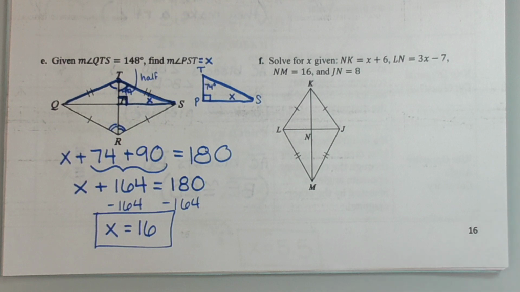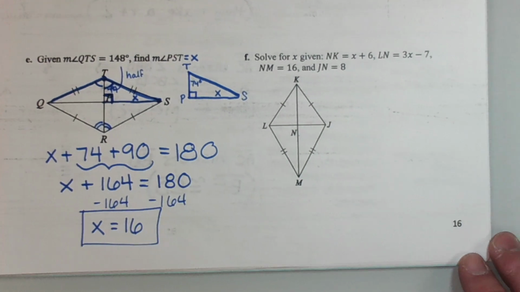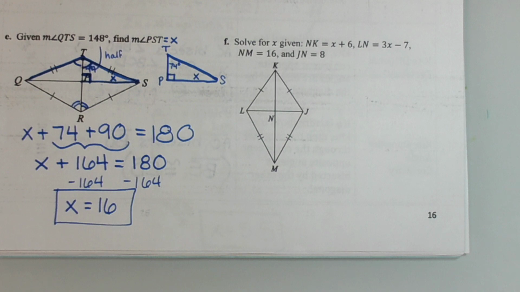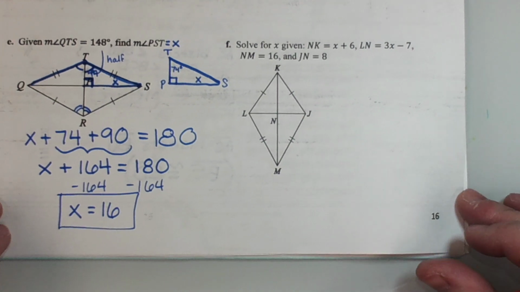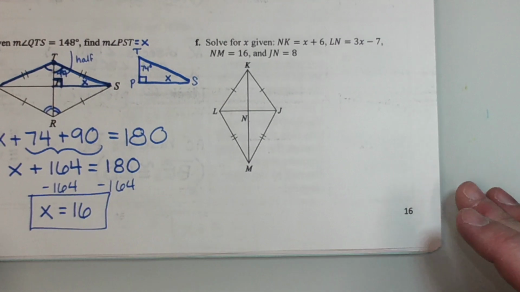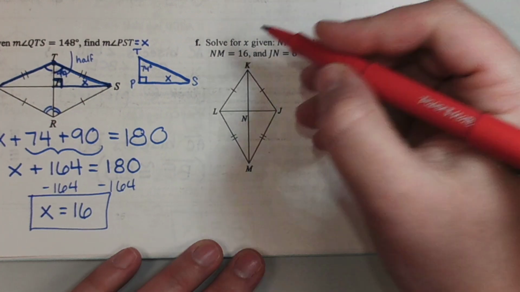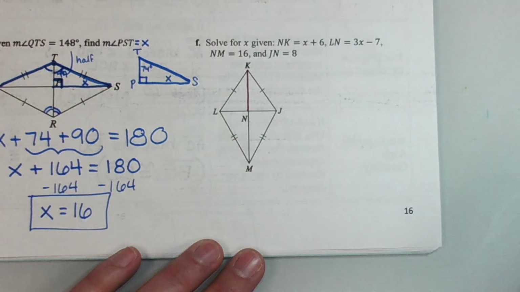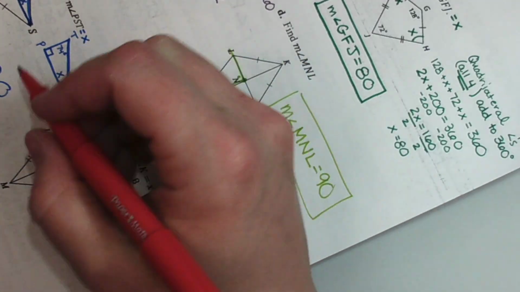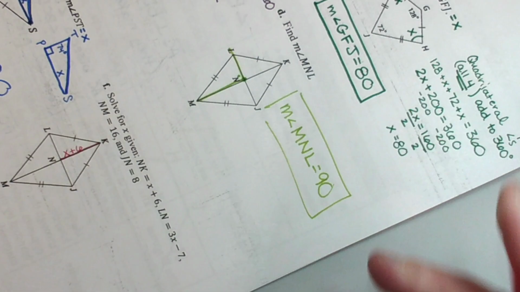Okay, we got one more problem, and then we got that last page to talk about a little bit. We talked about a lot of it already, actually. Question F says solve for x given that NK is x plus 6, LN is 3x minus 7, NM is 16, and JN is 8. NK goes from here to here, x plus 6.